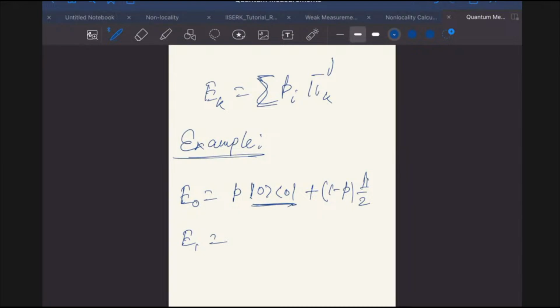But this is not happening. So E0 is now my effective projector or POVM. This effective projector, I have written it like this, right? What I have derived now is some probability into a projector. Identity by 2 is also a projector, an extreme kind of projector. It satisfies all the properties of a projector.